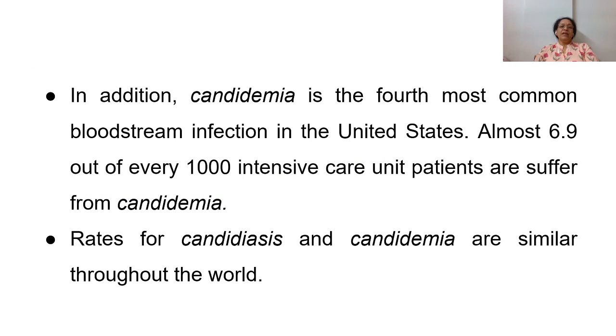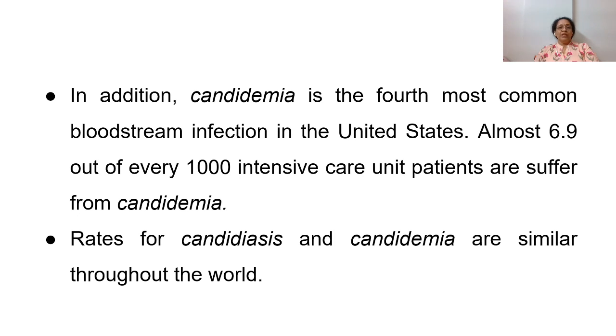Candidemia is the fourth most common bloodstream infection in the US. Almost 6.9 out of every 1,000 intensive care unit patients suffer from candidemia, so this is quite a serious problem in the hospital environment. Rates of candidiasis and candidemia are similar throughout the world.